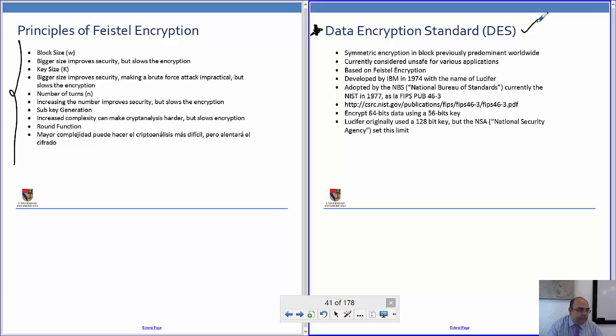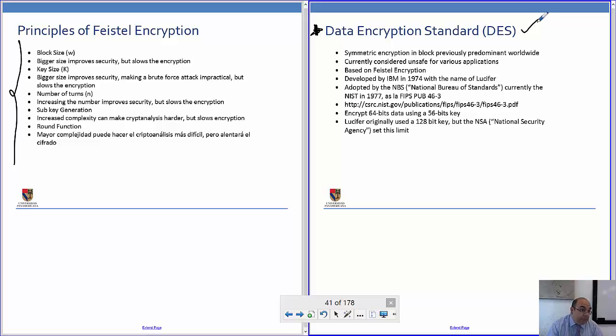At that time, just let me tell you, NIST, the National Institute of Standards and Technology, did not exist. The name of the same institute was the National Bureau of Standards, NBS. Now it's NIST.